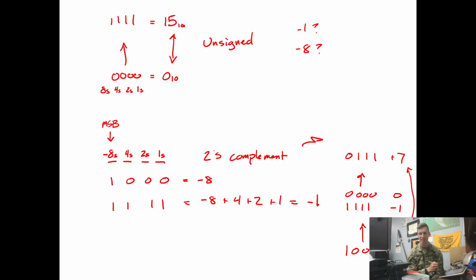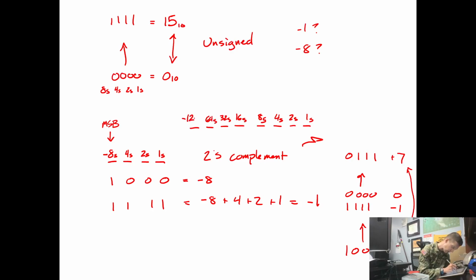If I wanted to represent an 8-bit number in 2's complement, then I'd have my 1's, 2's, 4's, 8's column, 16's, 32's, 64's, and this would be my -128's column. So in 2's complement, whatever is the most significant bit is the negative value, and that changes based on how wide we're talking about.